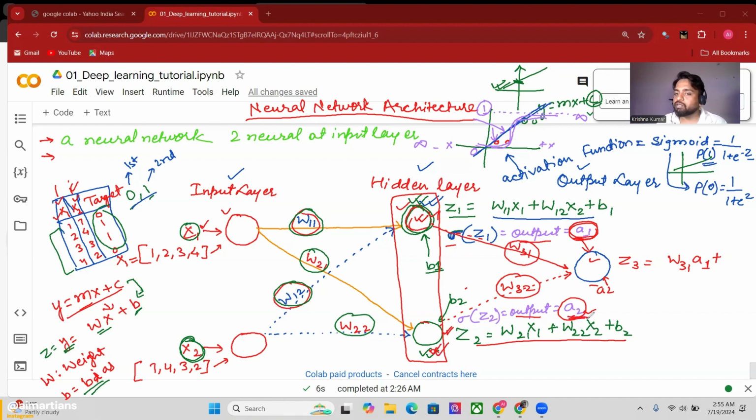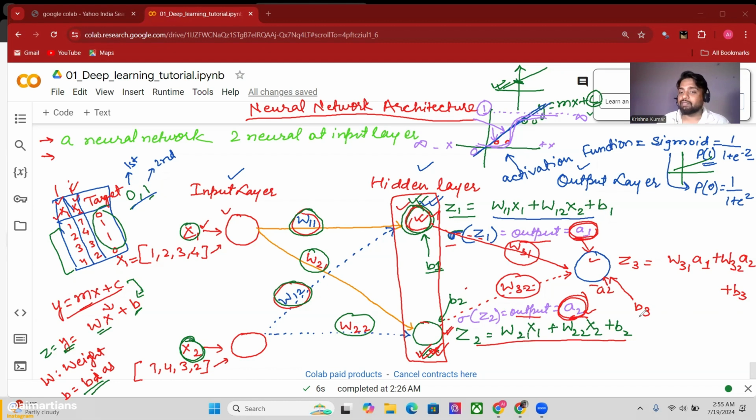Now, using which value will we multiply this w32? We will multiply it by the output of this neuron, and that is a2. Now again, we missed something, that is bias. Again, b3. So I will simply apply b3.